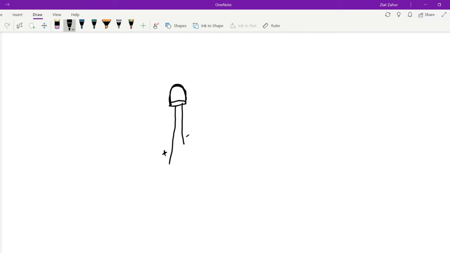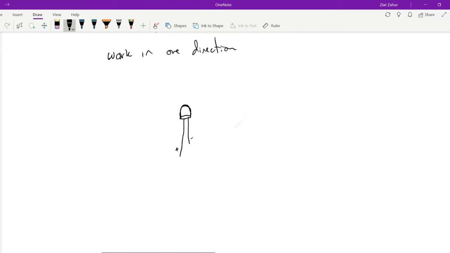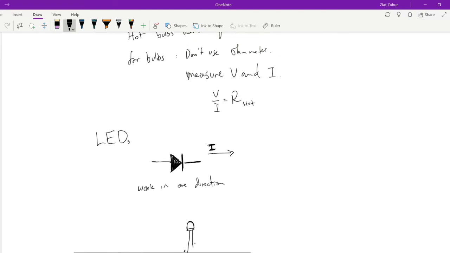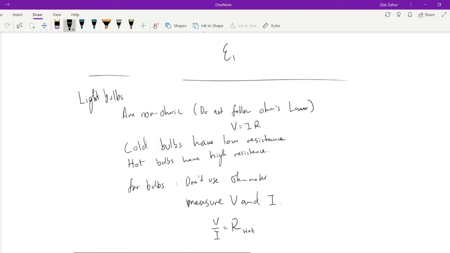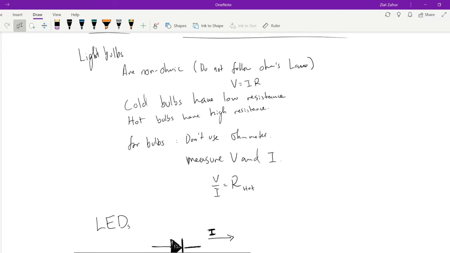Big positive, big positive. All right. Whereas traditional bulbs are bi-directional, they can work both ways. So light bulbs work both ways.